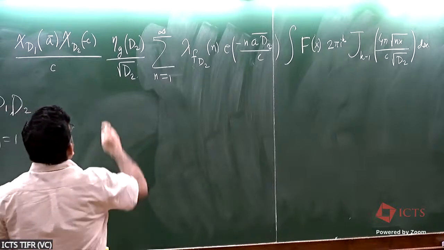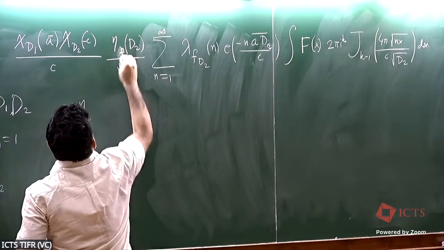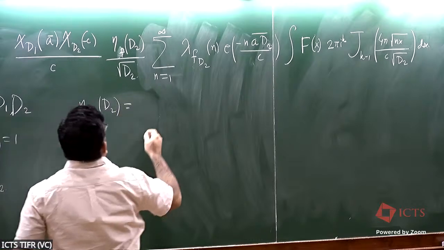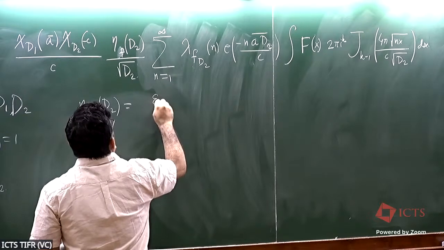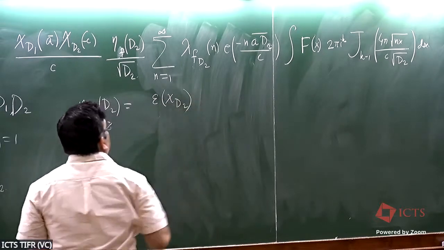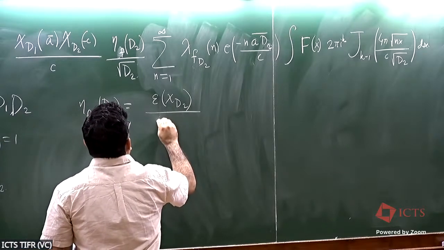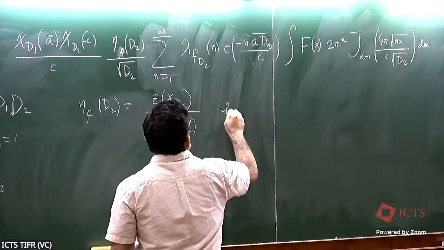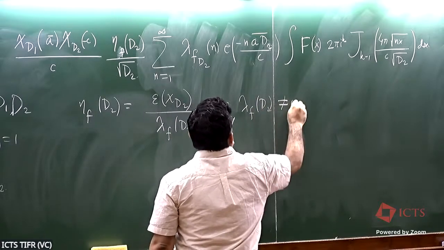To tell you what eta f(D2) is, it is basically the sign of the Gauss sum for chi D2. This is the sign of the Gauss sum divided by lambda f(D2), the normalized Fourier coefficient at D2.